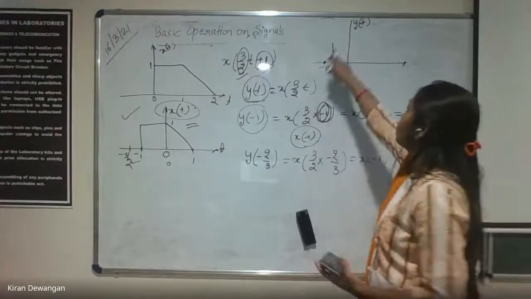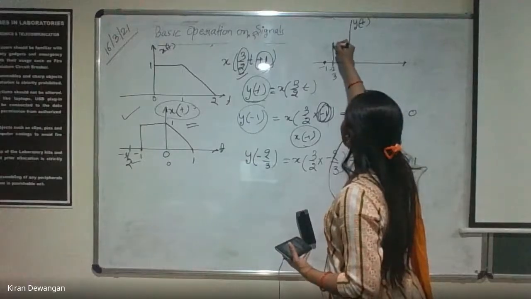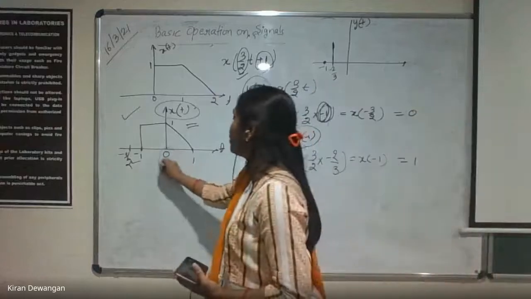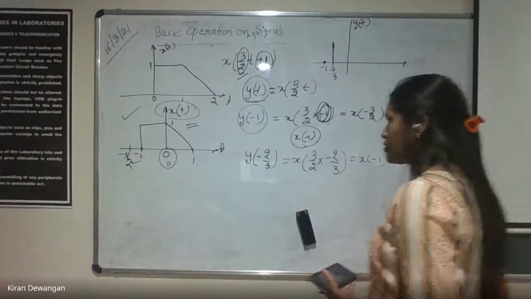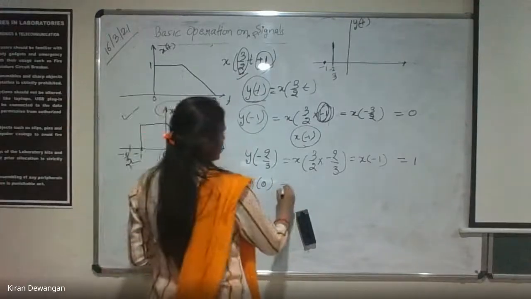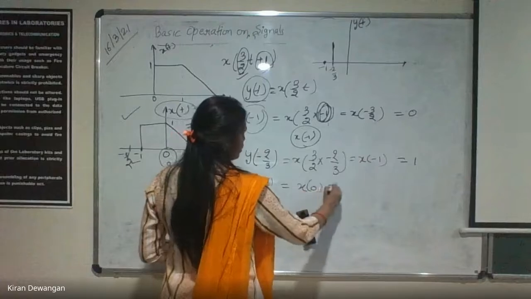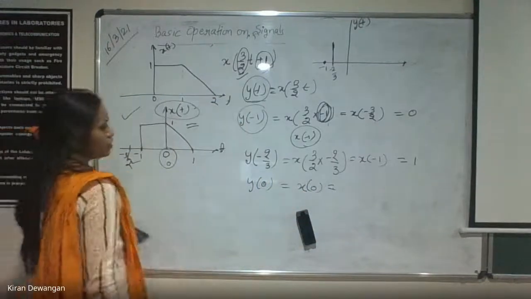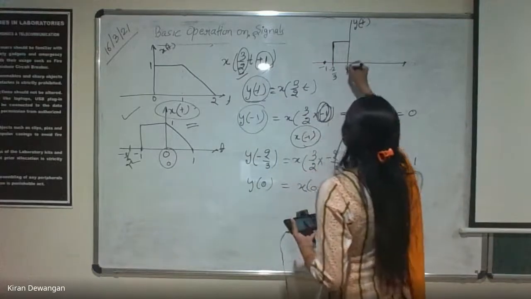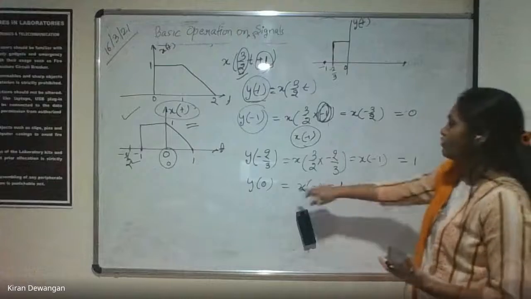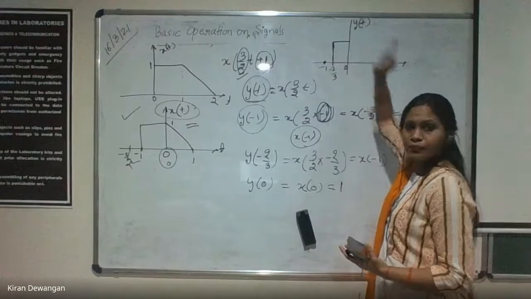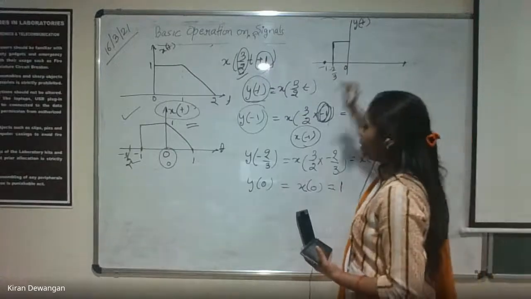Clear? Now if I check for 0, y of 0 becomes x of 0. What is x of 0? It is still 1. So I have plotted y of 0. At 0 it is 1. Clear?